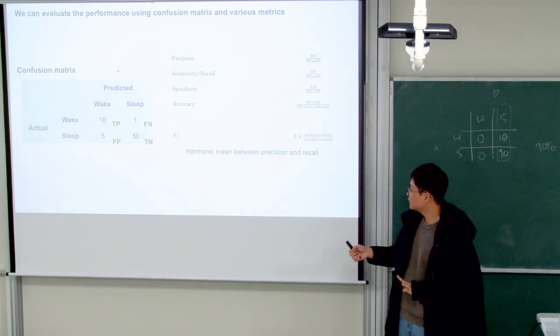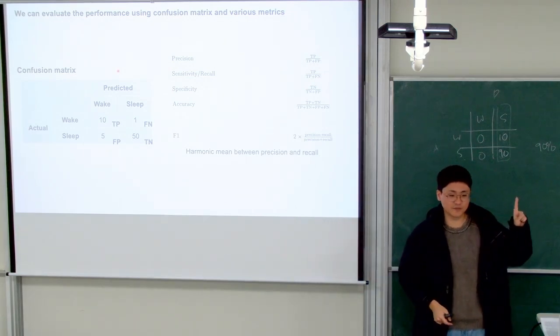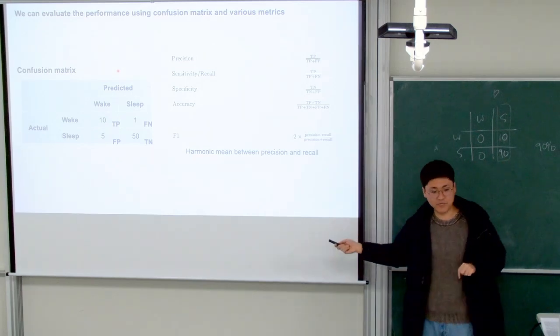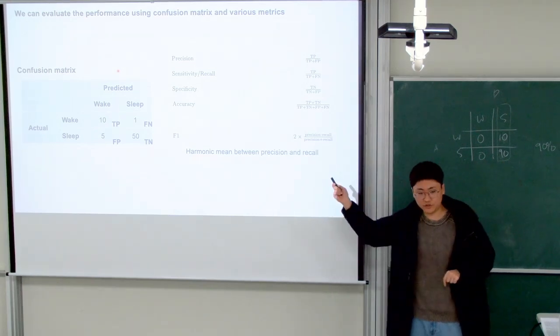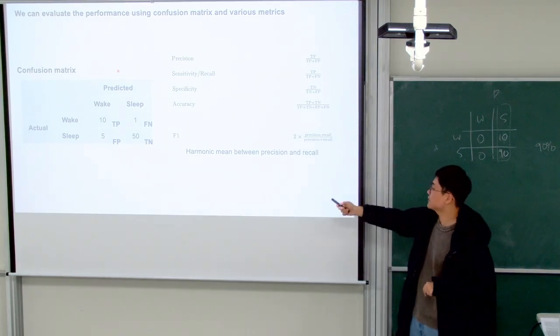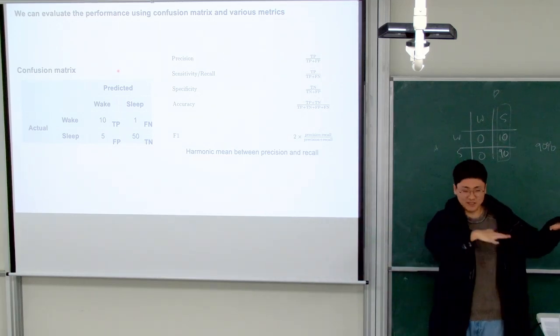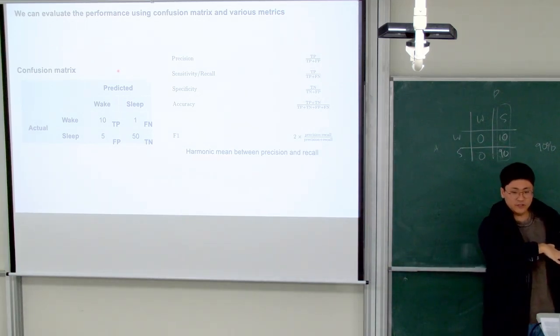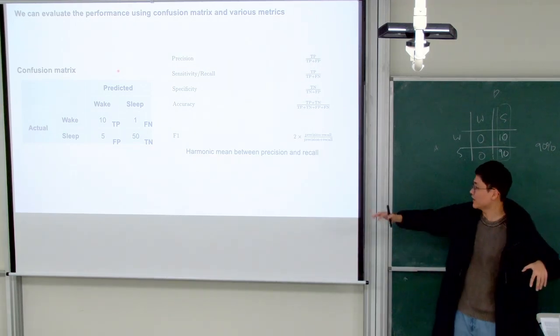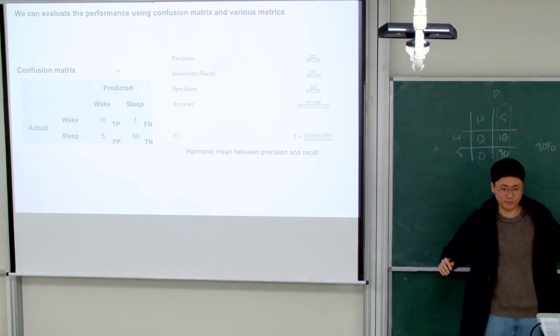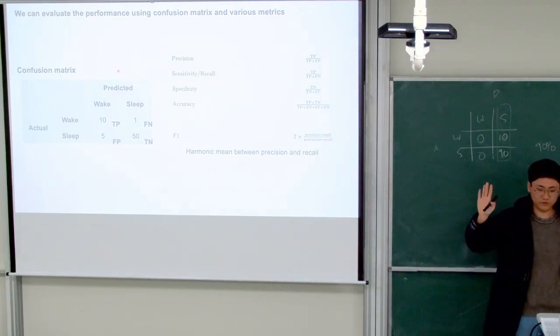So to use only a single value, we sometimes use this F1 value. This is the harmonic mean between precision and recall. The harmonic mean is a little bit weighted toward lower values. So to maximize this F1 value, we need to increase both precision and recall.